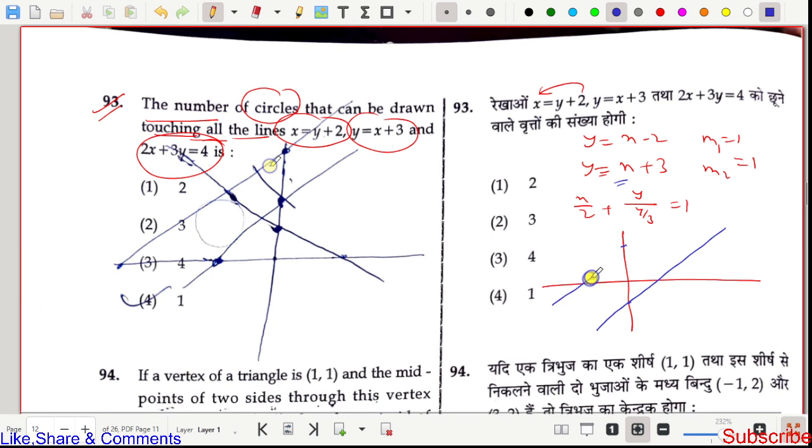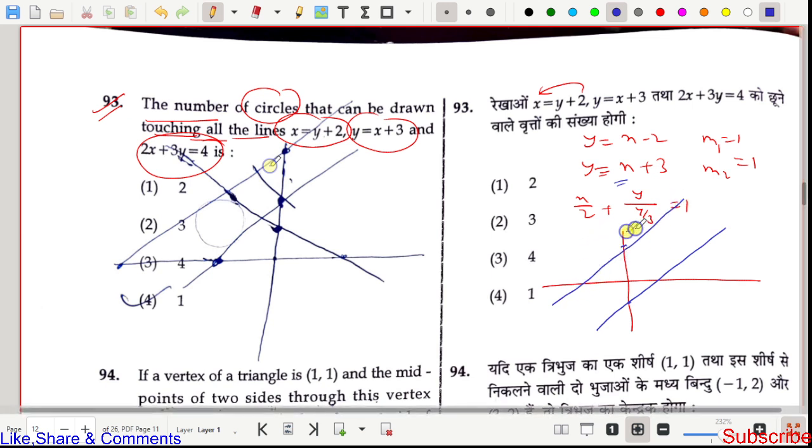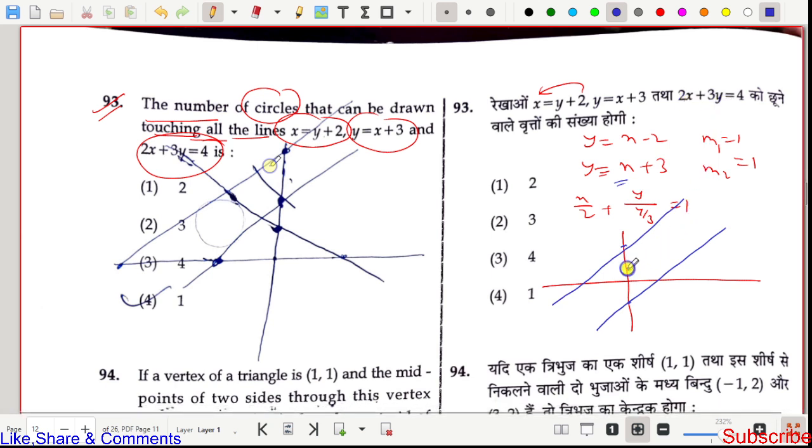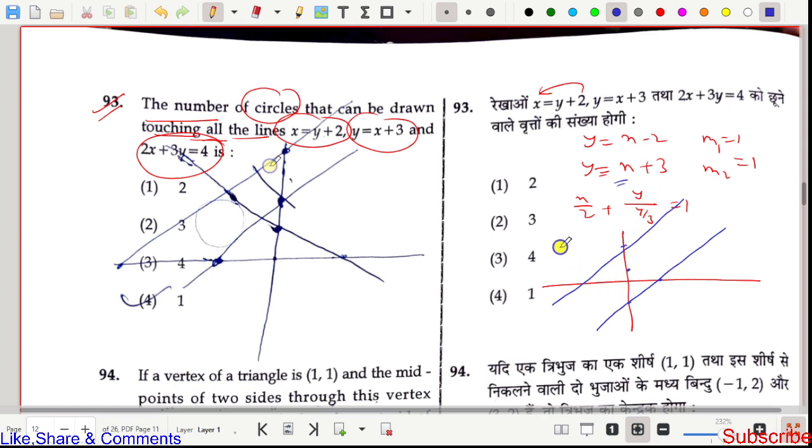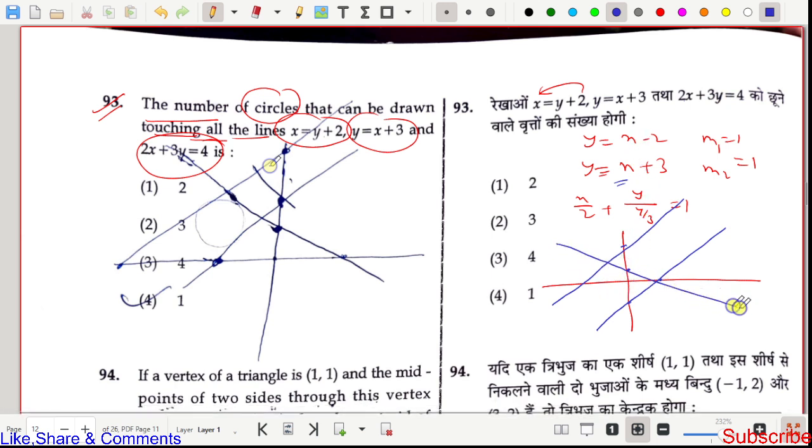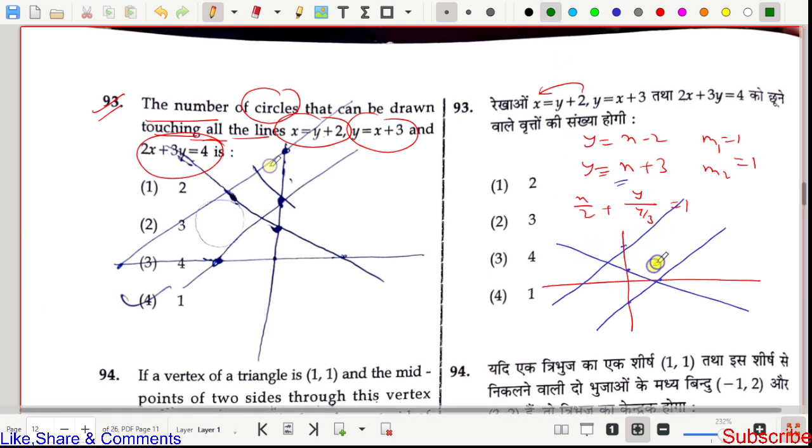Since they are parallel, it will be like this. For the third line, if we put x equals 0, y equals 4 by 3, around this point, and if y equals 0, x equals 2, which is the point we already got here. So the third line will be like this. Clear?